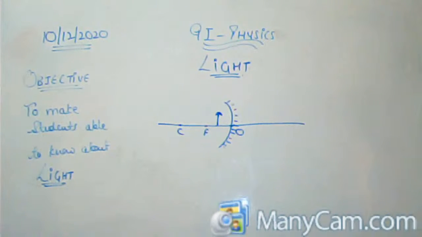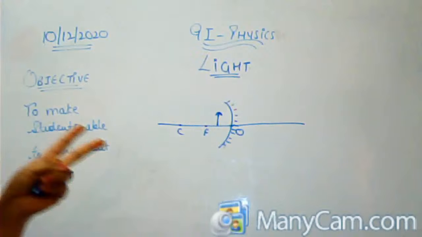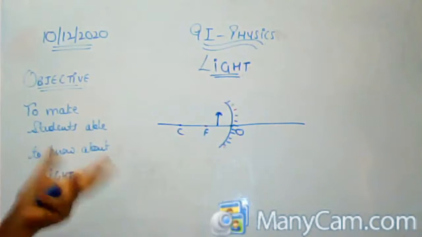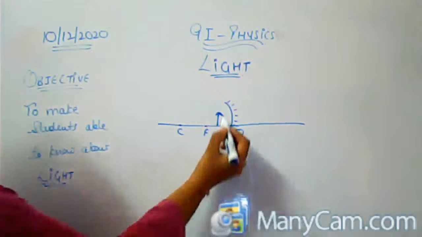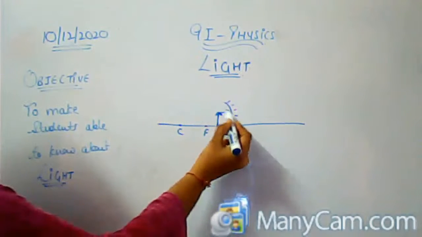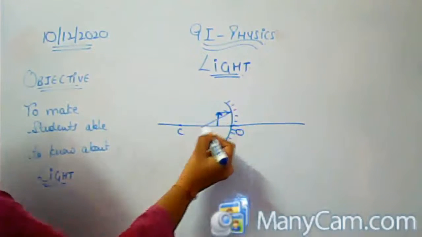I have placed the object between F and O. Now we are going to see how the two rays are drawn, and whether this forms a real image or a virtual image. The first ray will go straight and then pass through the focus like this.